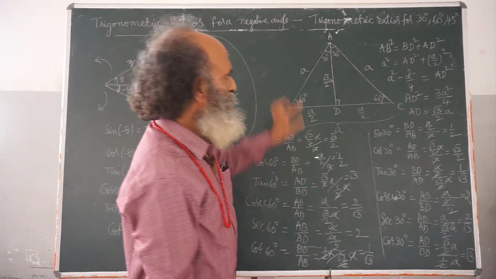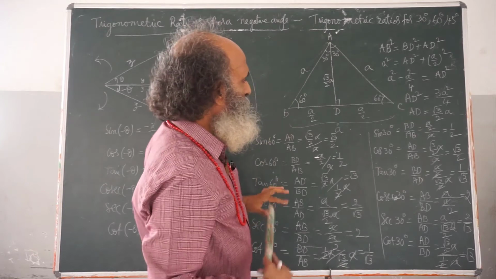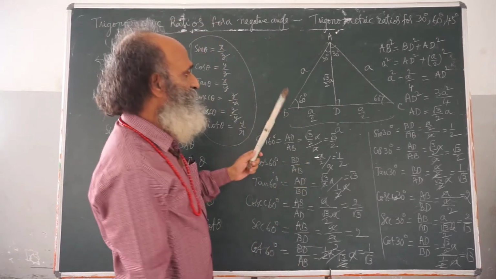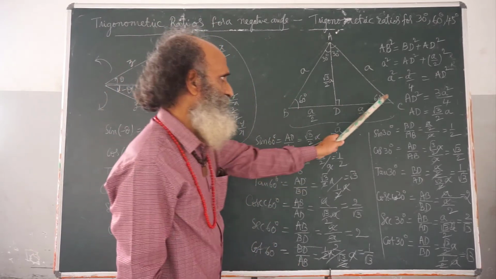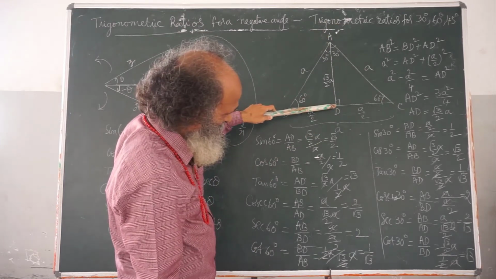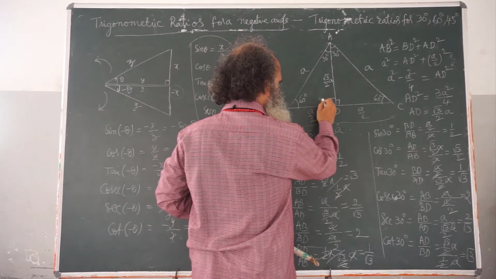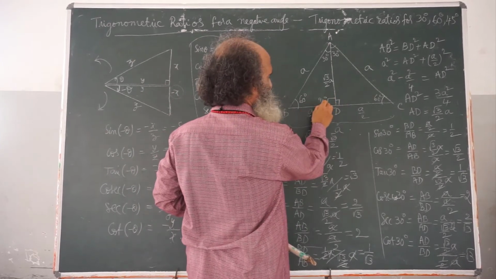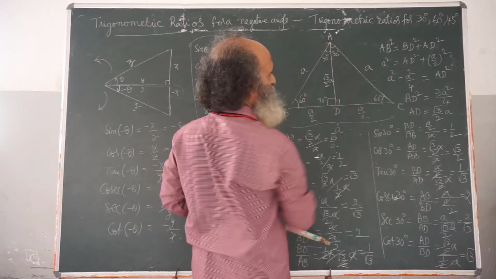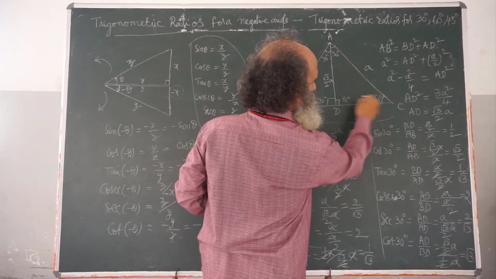Because the triangle is equilateral, each angle is 60, 60, 60. From A, I have dropped a perpendicular, 90. This is 60, this is 90. So 90 plus 60 is 150. Therefore, the third angle is 30 degrees. Here also 90 plus 60, 150.